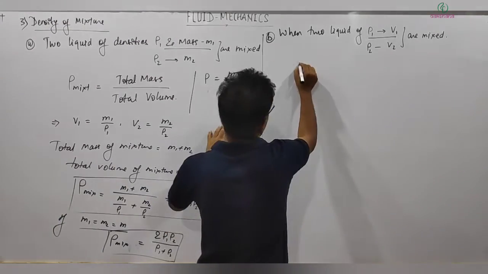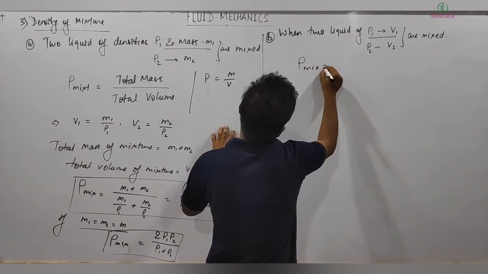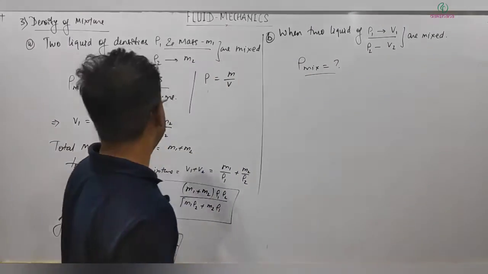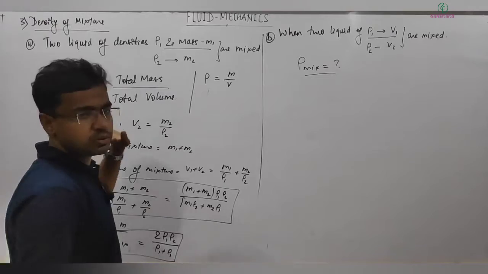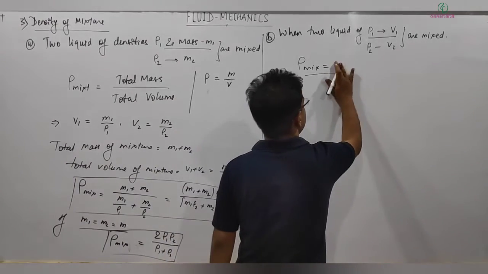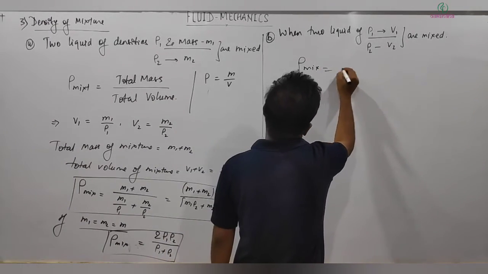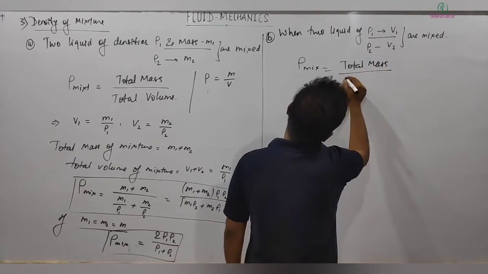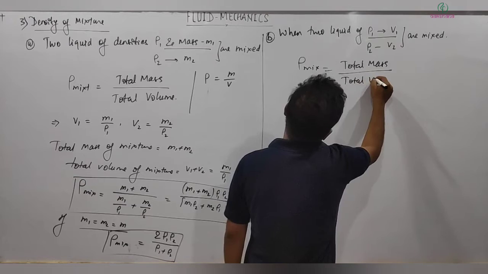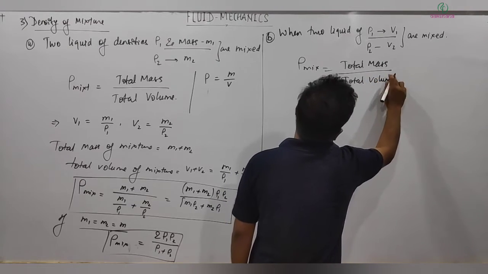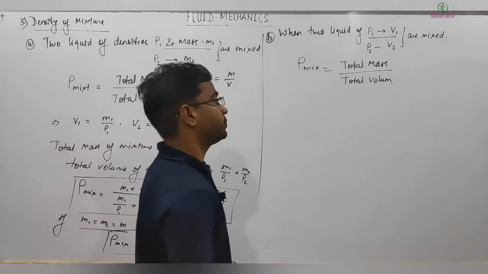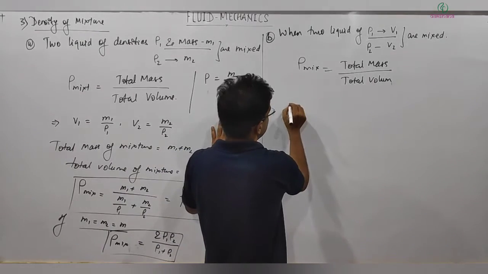In that case, rho mixture is again asked to calculate. So again the basic principle, basic formula is total mass divided by total volume. Here volume is already provided.